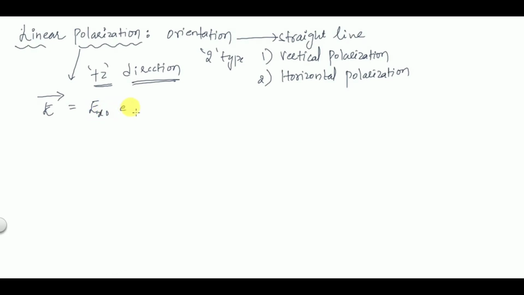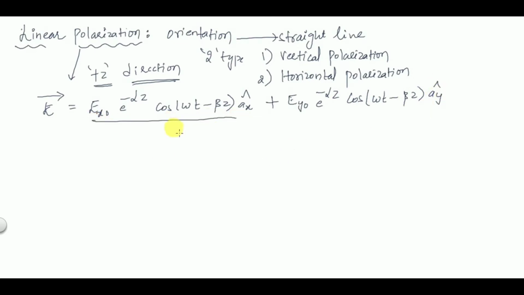It will be Ex naught into e power minus alpha z cos of omega t minus beta z into ax cap, plus Ey naught into e power minus alpha z into cos of omega t minus beta z into ay cap. This is the x component, the component of electric field intensity along the x direction, and this is the y component along the y direction.